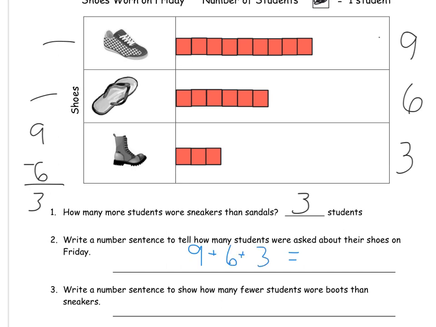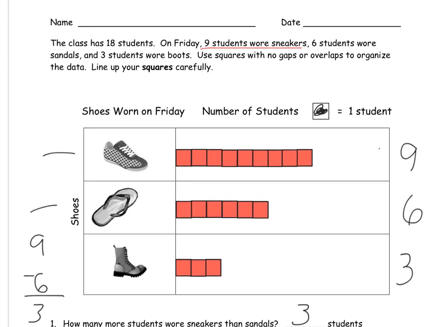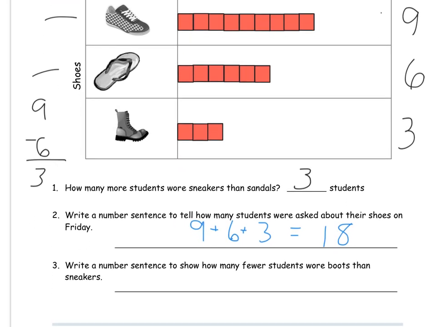And if I want to find how many total were asked, I'll add those up, and I'm going to get 18. Up here we do have the class has 18 students, but in order to write a number sentence, we have to figure out how do we know that there were 18, and that's how we add 9, 6, and 3.